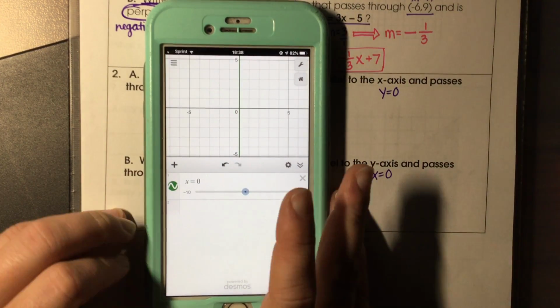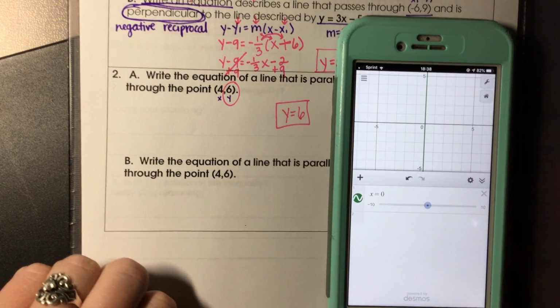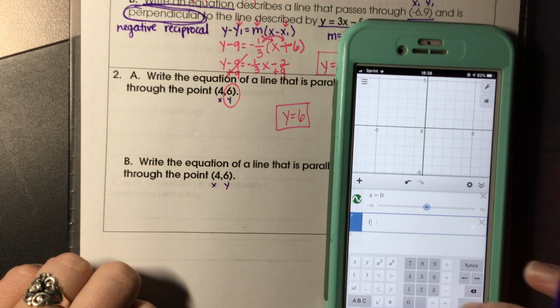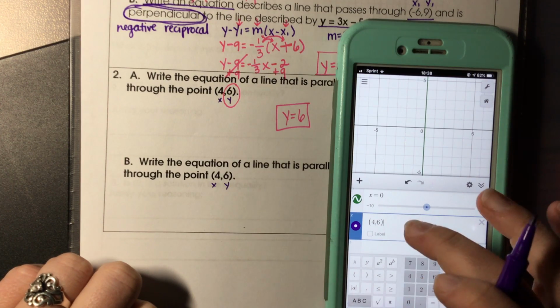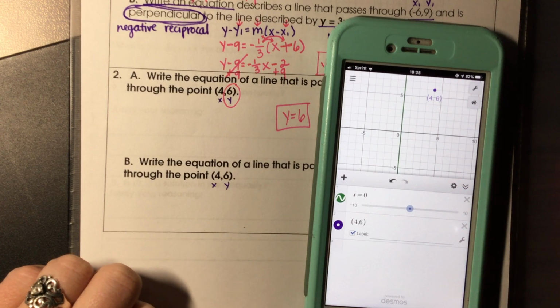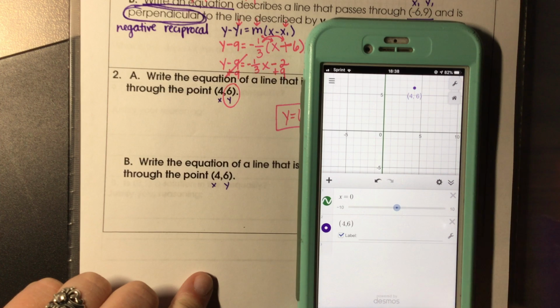It says it passes through the point 4, 6. So once again, I know that is x, y, and I'm going to go ahead and plug in that point. I hit label. I can now see that point there. Now it's talking about our x values.